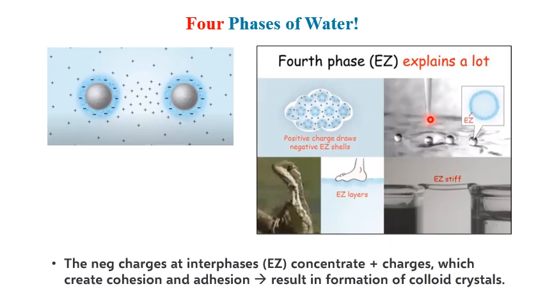This floating droplet, when it is going through the air, between the beaker and the body of water, is surrounded by air molecules. So this interface between the air and the water droplet allows the formation of the exclusion zone, okay?